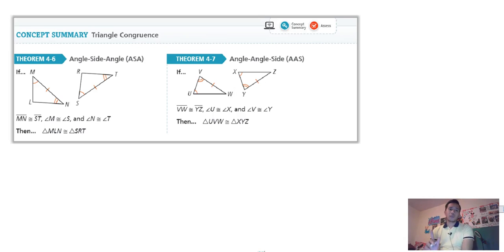Now remember, for your ASA, the side must be included. For the other theorem, which is the AAS theorem, or angle angle side, the side that is involved there is not an included side.